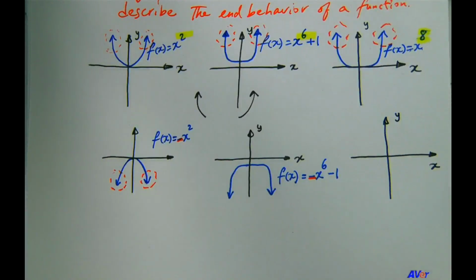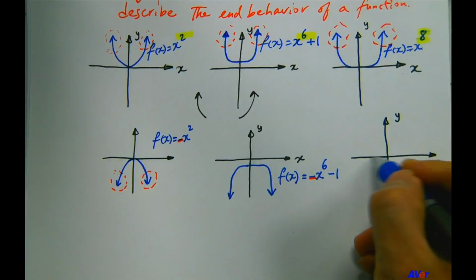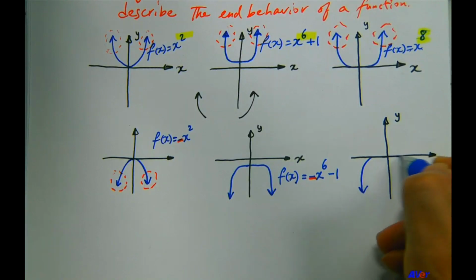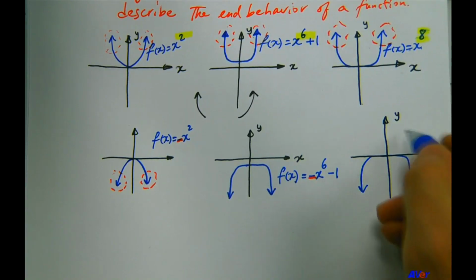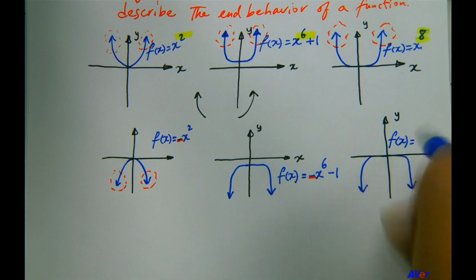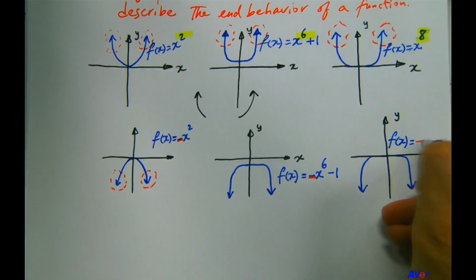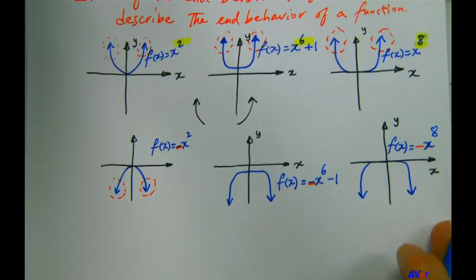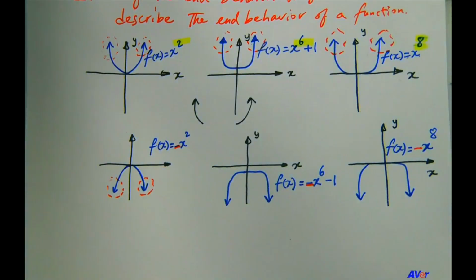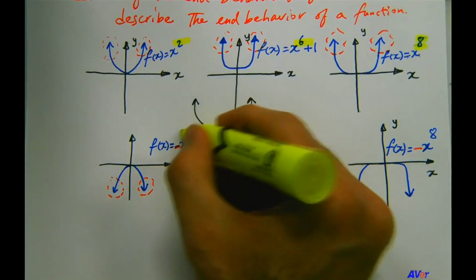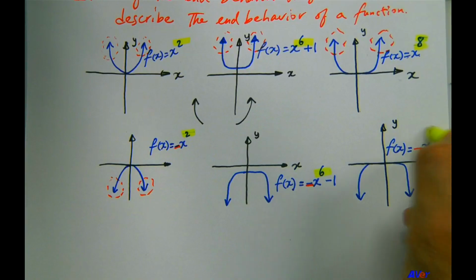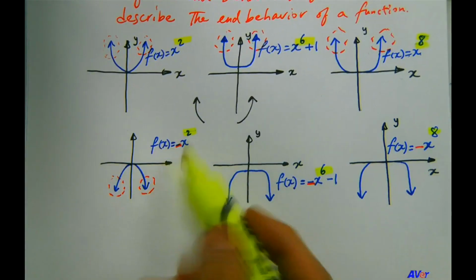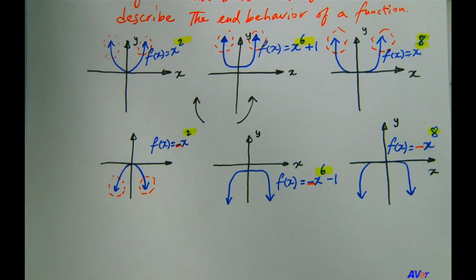And we get something like that. And this would be f of x equals minus x to the 8th power. Right? So now the powers stayed even like that, but we have a minus in front of the power function there, and so they flip.